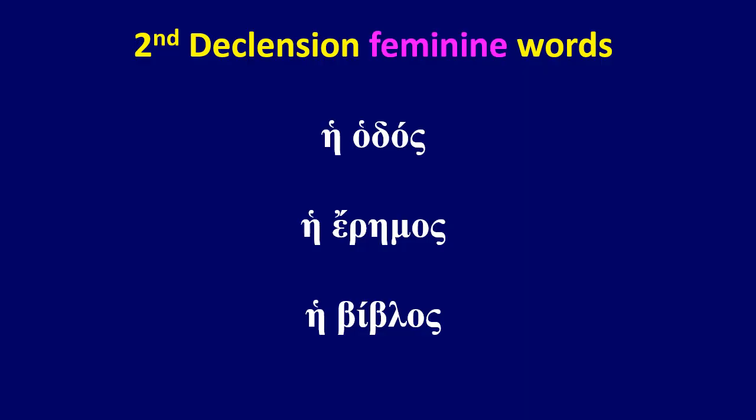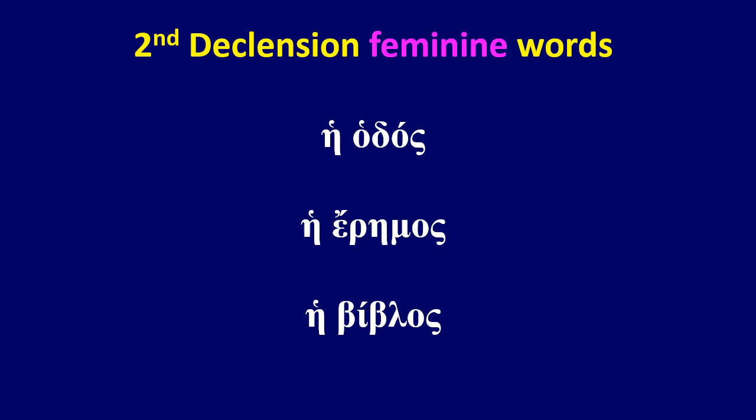And here are just a few rare feminine second declension words, such as the word for way or road, hodos. And you would think because of the omicron sigma ending that it's going to be a masculine word, but it's not. It's actually feminine. And that's why it's preceded by hē, the feminine article.